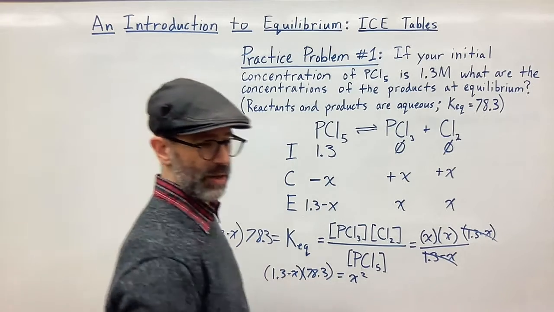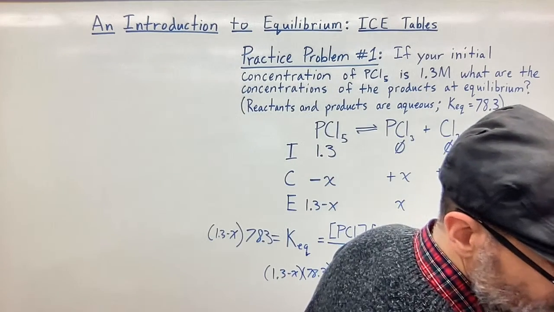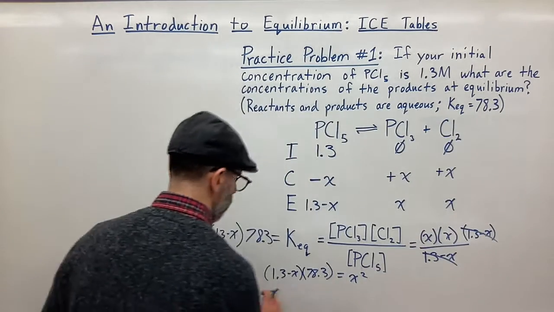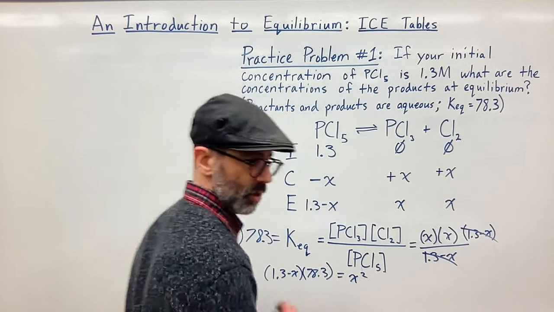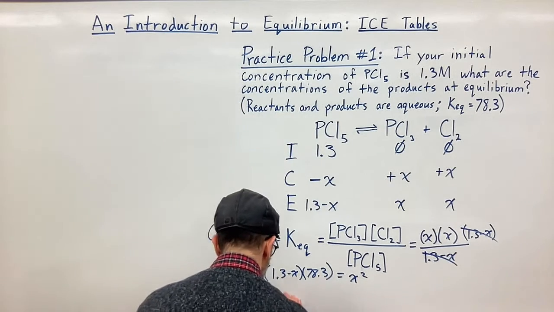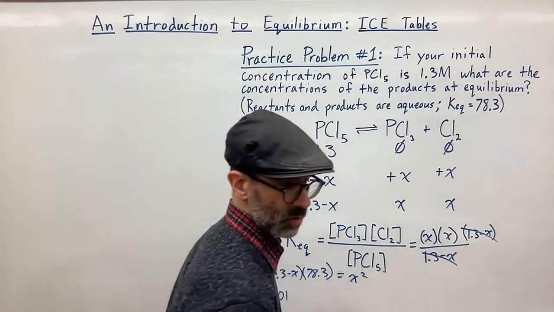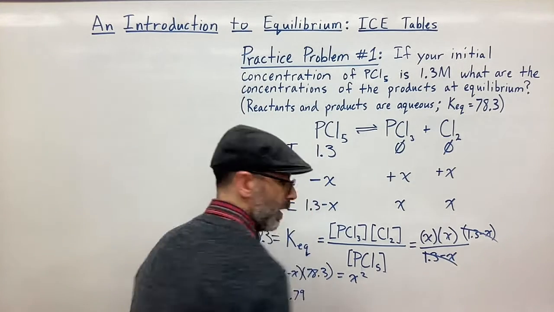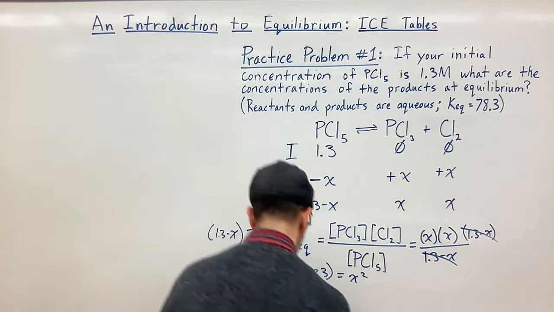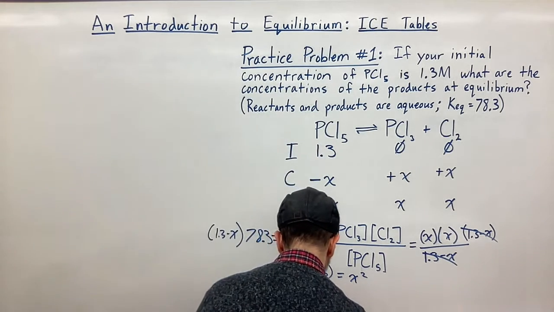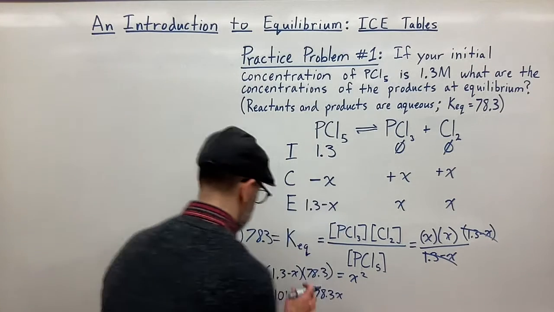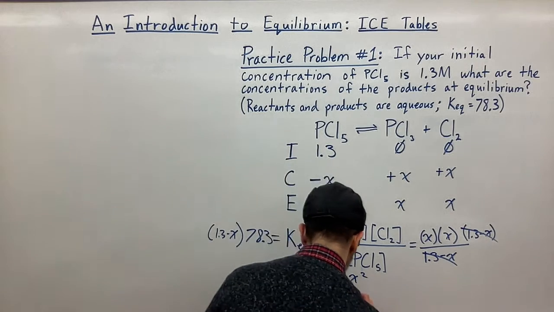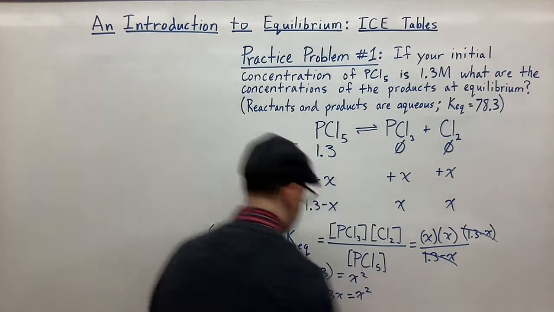I need to distribute this, multiply it out. If I multiply this out, I get 101.79. And then I'm going to get negative 78.3x, because negative x times this gives me this, and that's going to be equal to x squared.